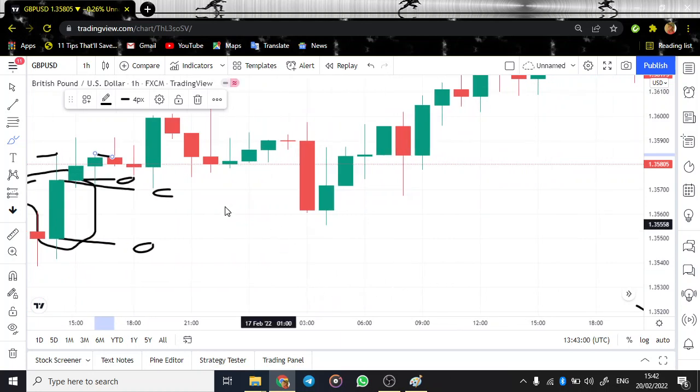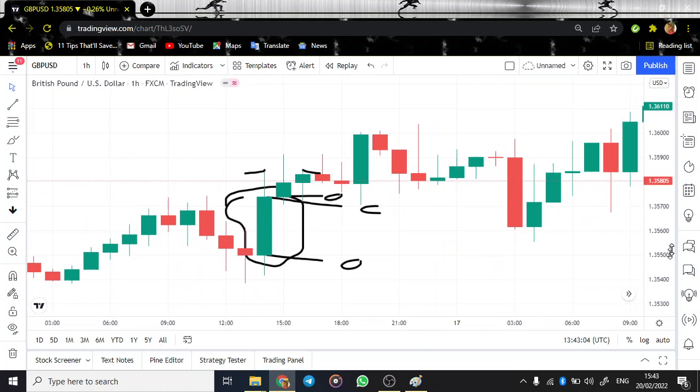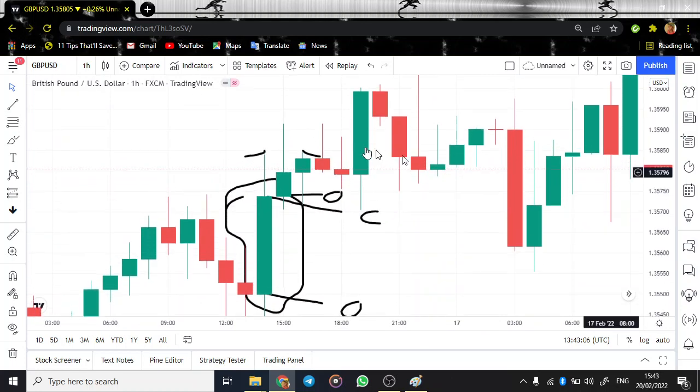Let me make this a bit larger so we can see it. So this is where this red one opened. It went up, and from this point it started going down, went level with the price that it had opened at, but instead it went lower.